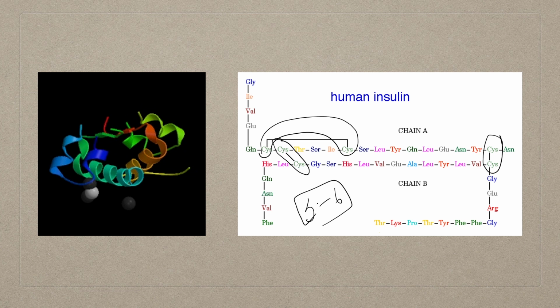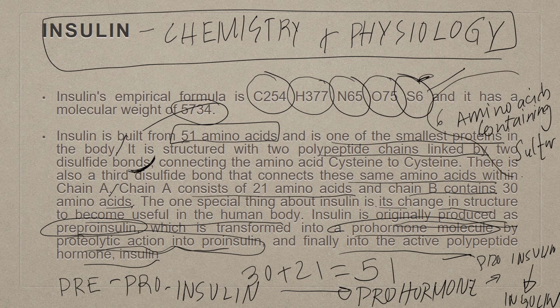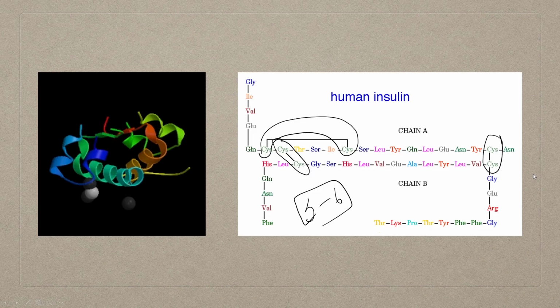As I mentioned, there are 6 sulfur, and if it is a peptide, then the only way you could have 6 sulfur could be 6 amino acids containing sulfur, and sulfur containing amino acids are cysteine and methionine. In this case, it is all cysteine.